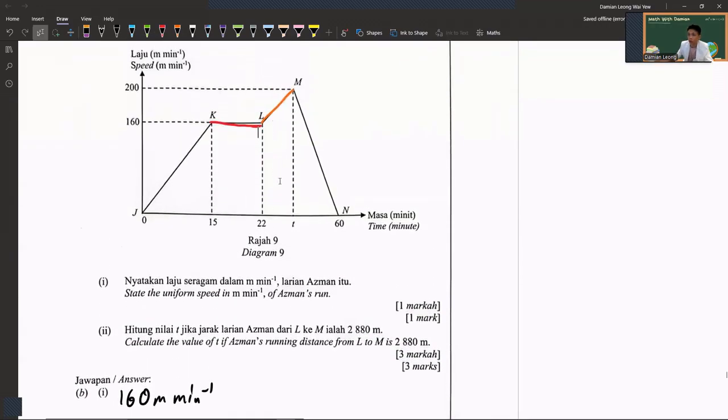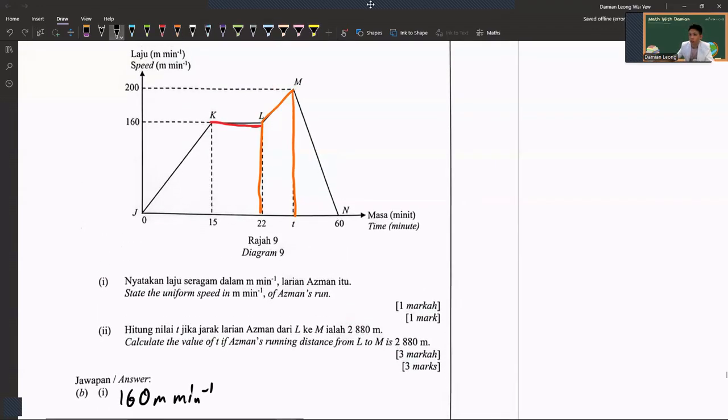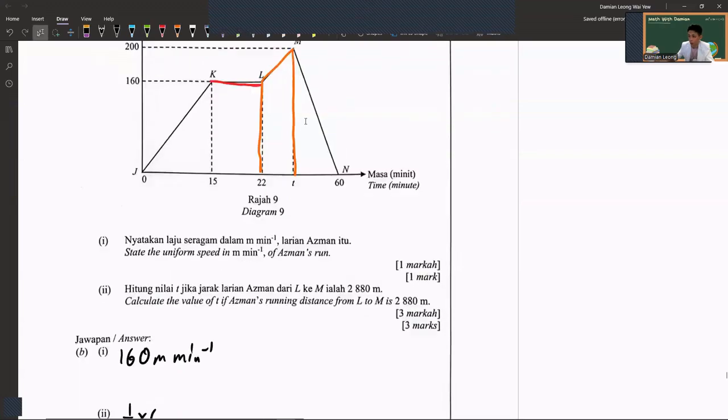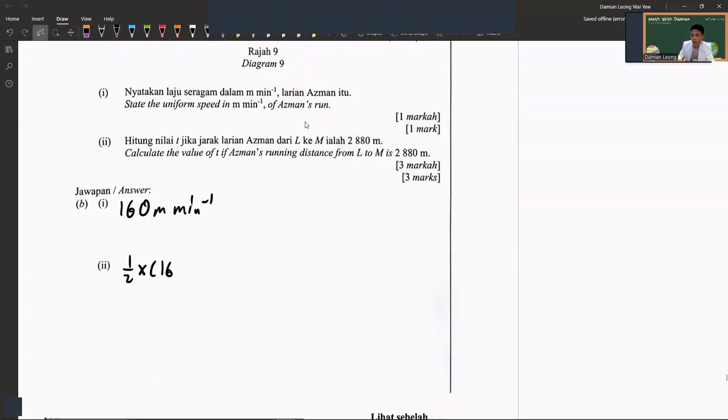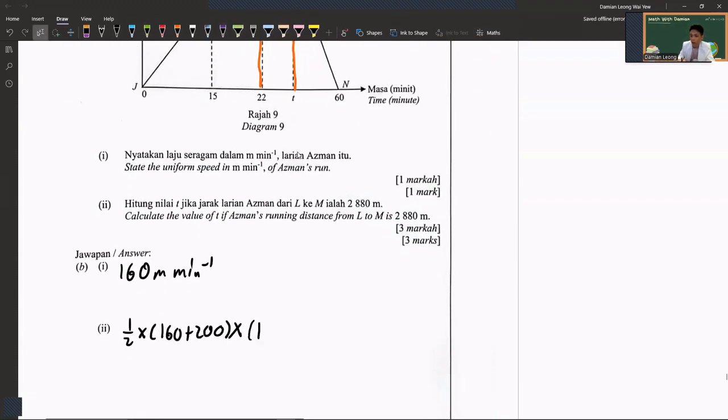Okay, so area of this trapezium would be equals to 2880. So area of trapezium, half times sum of parallel sides, 160 and 200, 160 plus 200 times height, which is from 22 until t, so t minus 22 equals to 2880.